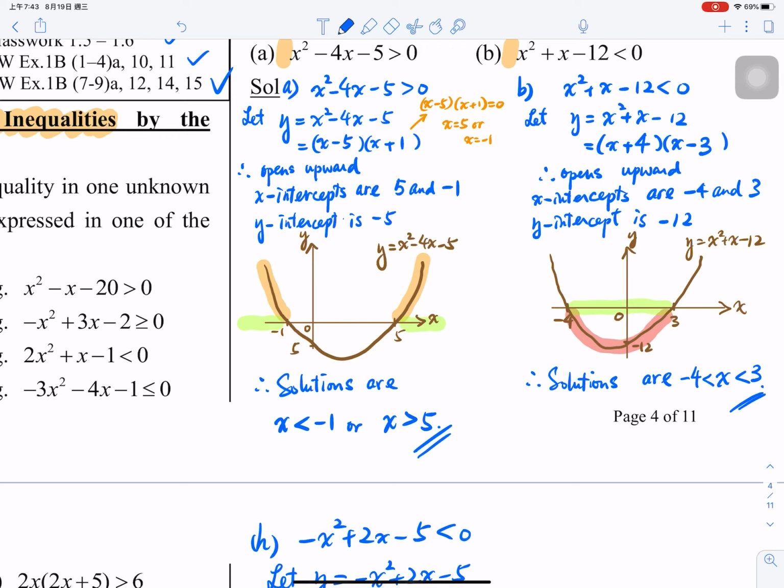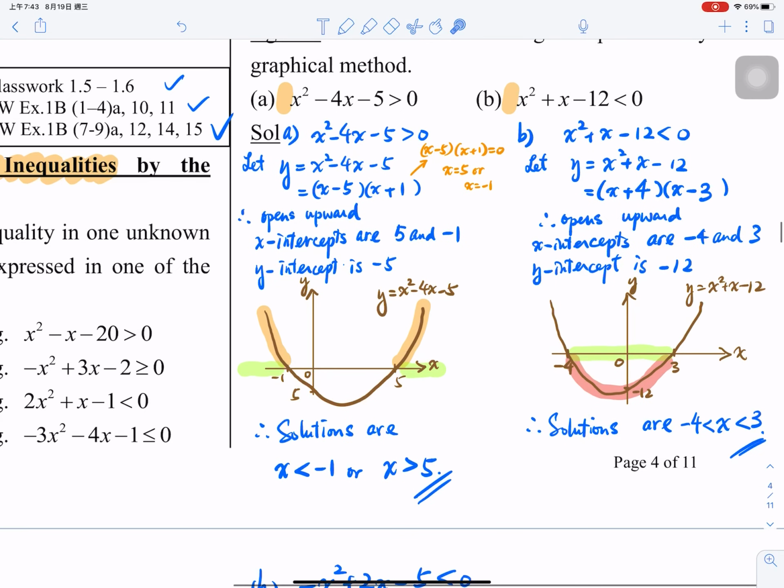So if we have a quadratic inequality for a greater than 0, that means opens upward. Then you better remember, greater than 0, then the values of x are outside, on the two sides of the x-intercepts. If you have these two x-intercepts, then x smaller than this intercept or greater than this intercept.